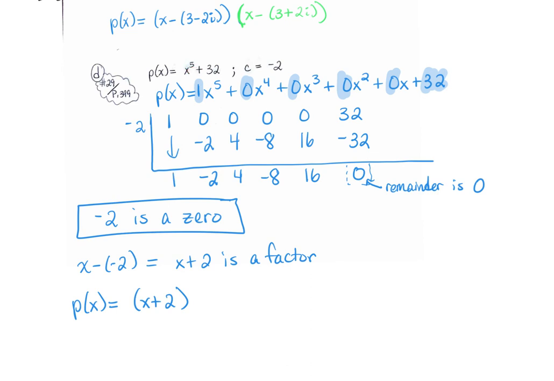So these coefficients here are the coefficients of a degree 4 polynomial. So in other words, you would have that quantity, x plus 2, times 1x to the 4th minus 2x to the 3rd plus 4x squared minus 8x plus 16.